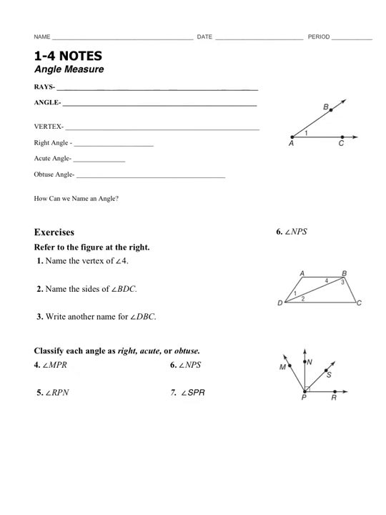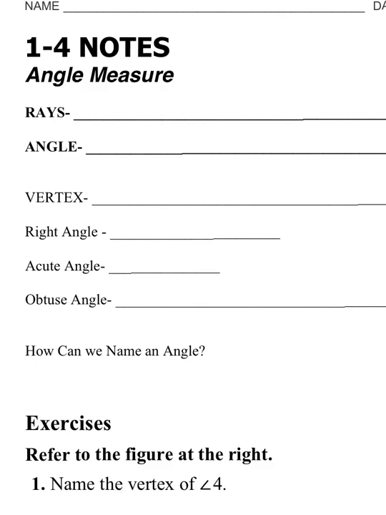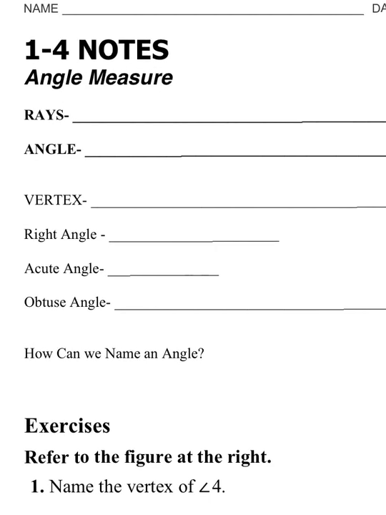So what is a ray? A ray has an endpoint, but extends in the opposite direction. So if we were to draw it, a ray has an endpoint, and it extends in the opposite direction.